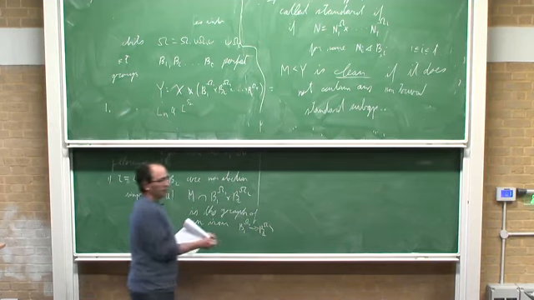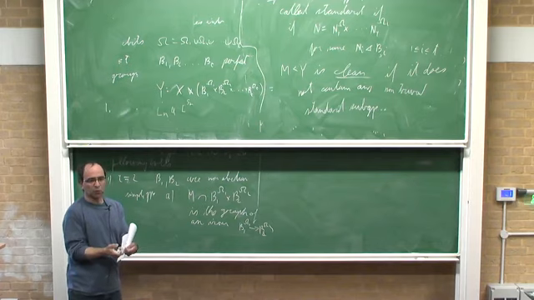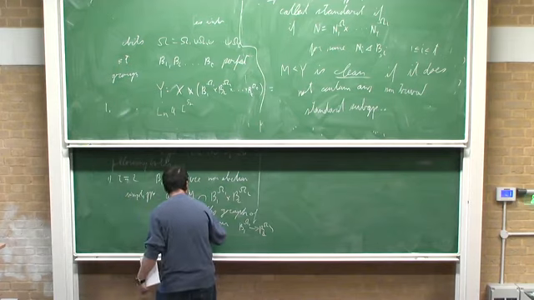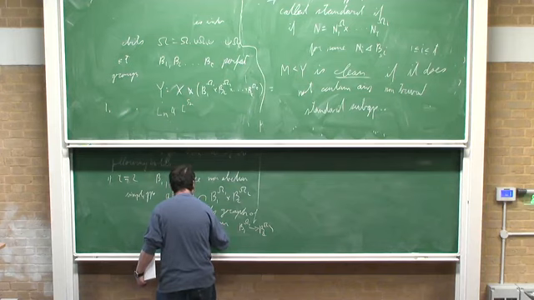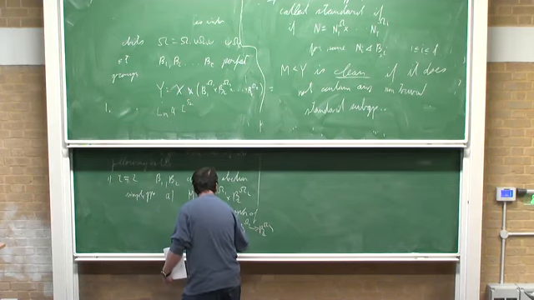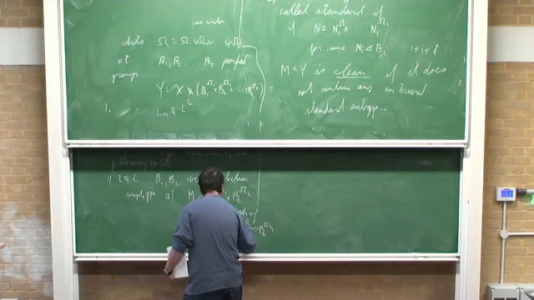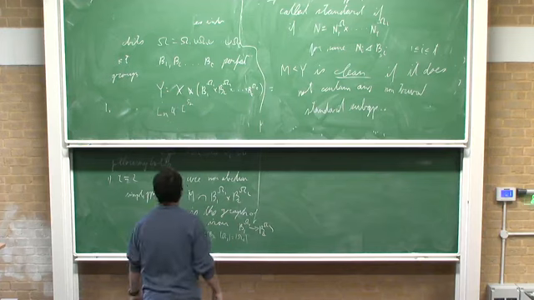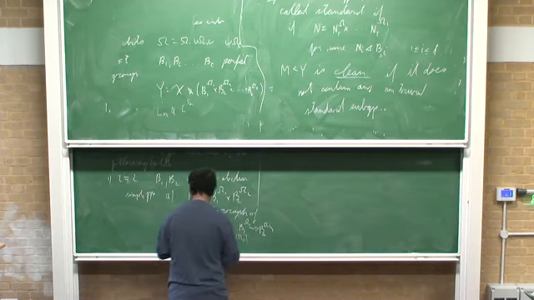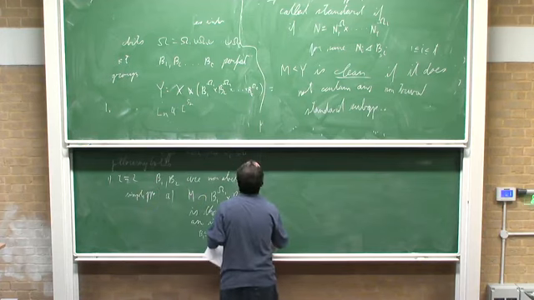So in particular, this tells you B1 is isomorphic to B2, and omega 1 is of the same size as omega 2. So that's one thing that you know.